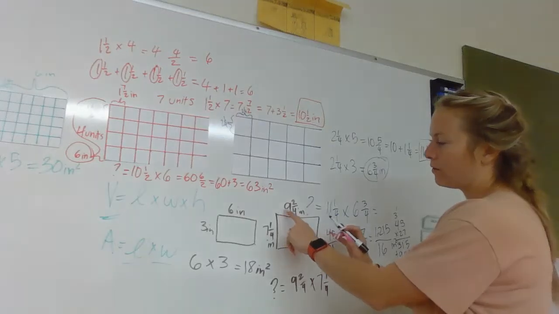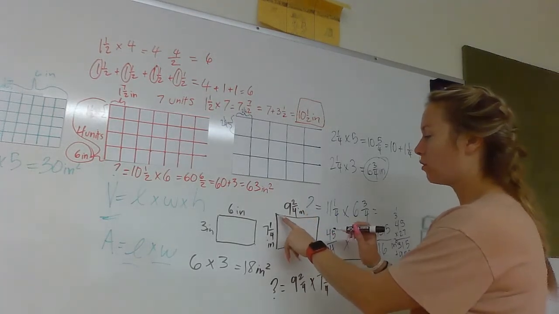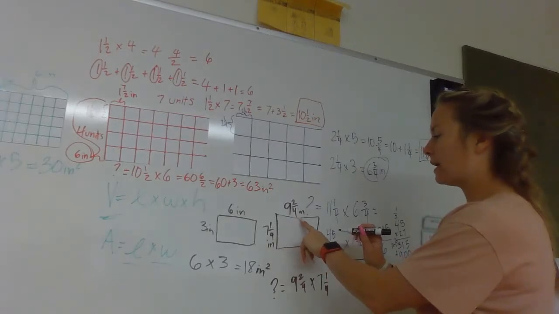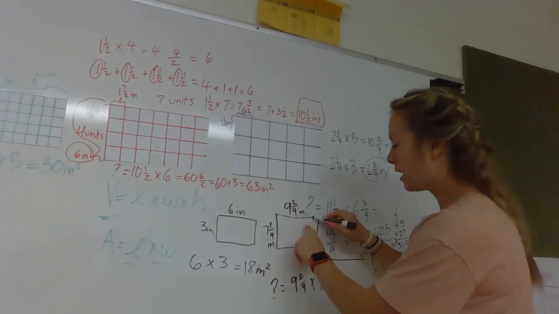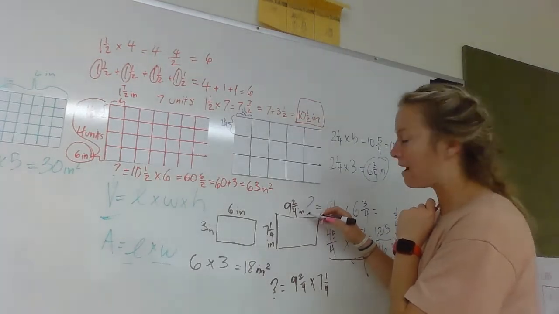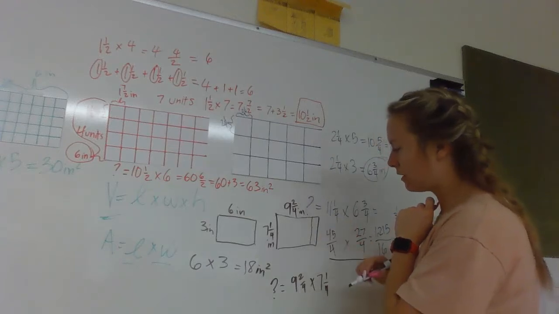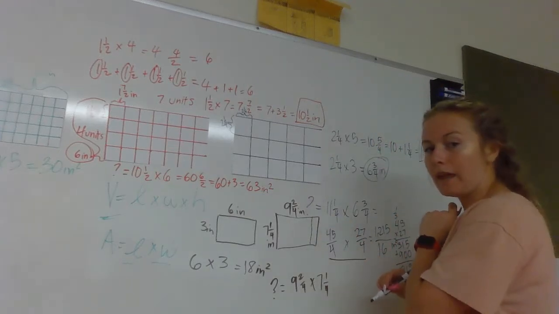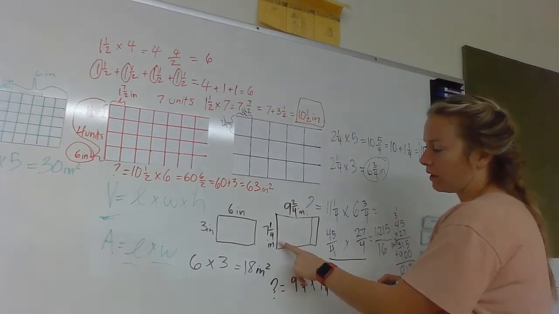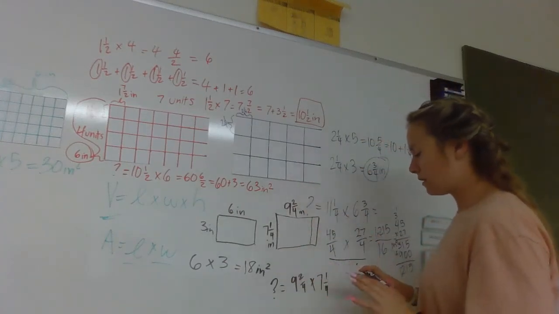So we've got 9 2/4 inches. If I were to measure this out, it'd be 9 inches, and then there's 2/4 inches. Another way to say 2/4 is 1/2. So 1/2 inch here.